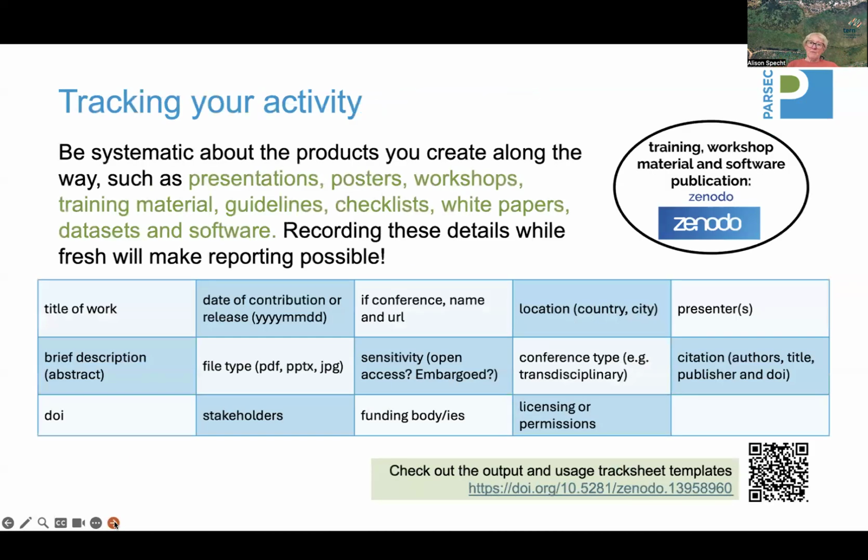So, right, I mentioned the non-refereed material that is a very significant output to talk about. Your presentations, posters, workshops, training material, checklists, what we call white papers, data sets and software. And data sets and software are getting better cited without this, but never mind.